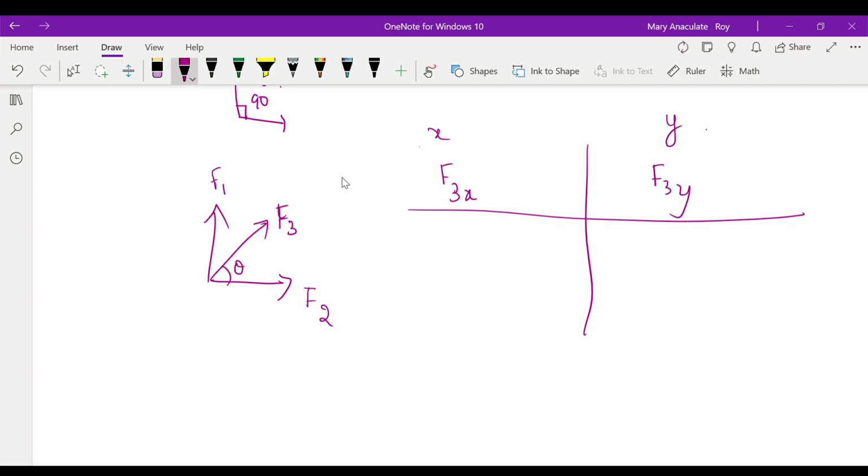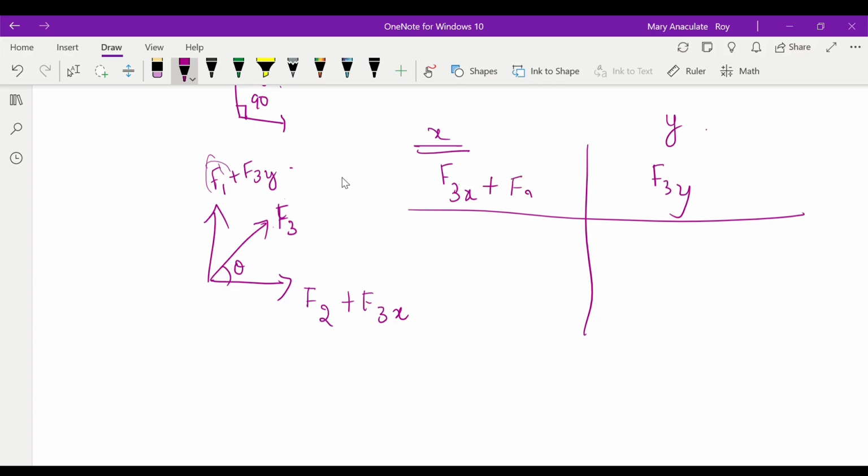In the x direction we have the component of F3, which is F3x. In the y direction, a component of F3 also will act, which is F3y. So we will have to use both in the formula.